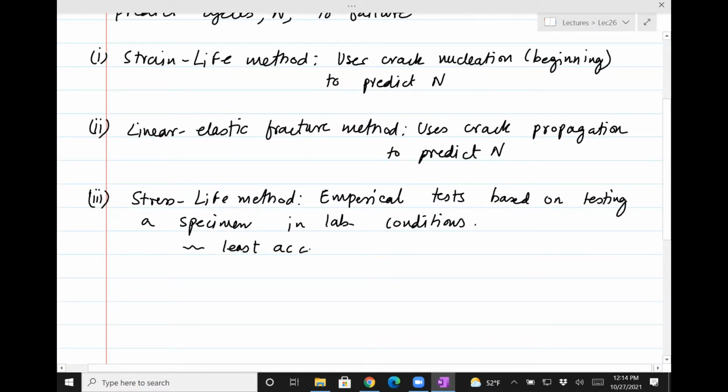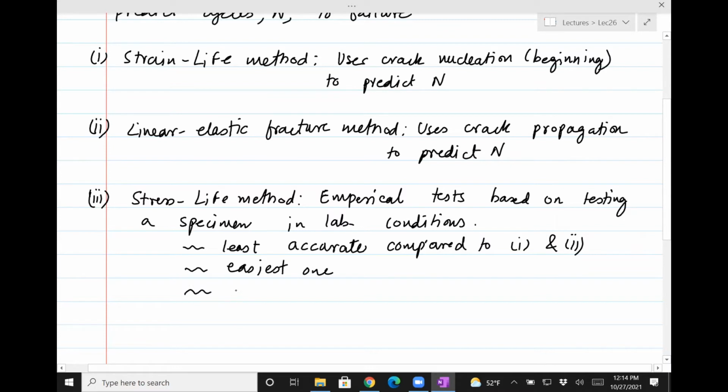Okay, the least accurate term is a very relative term, but it's least accurate compared to 1 and 2. However, it's the easiest one and most used.